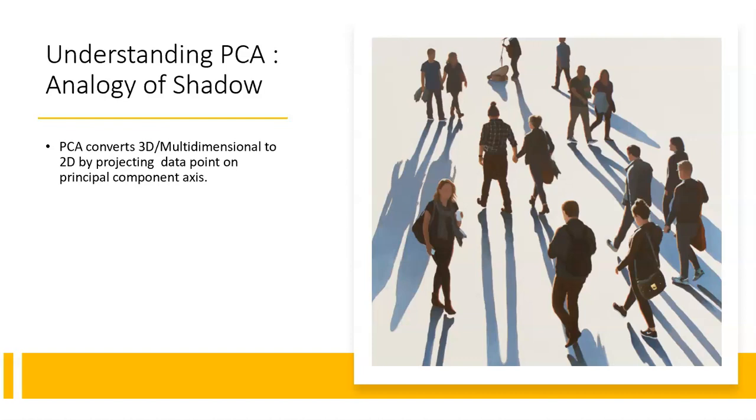You can think of it as these shadows. So these people are three-dimensional, but the shadows are two-dimensional, and through these shadows, that is principal components, instead of going for 10 or 15 variables, just by these two dimensions which express the maximum of the variance, these variables can be explained, and this is how PCA does dimensionality reduction.